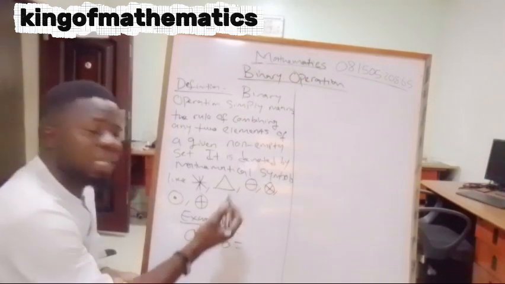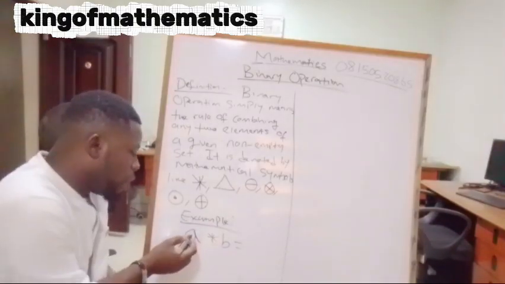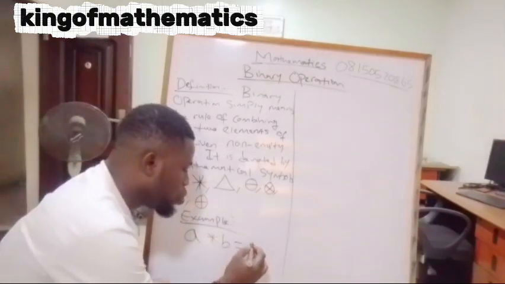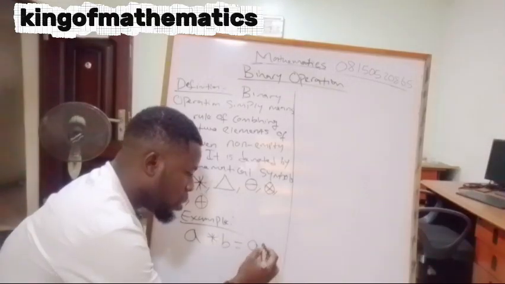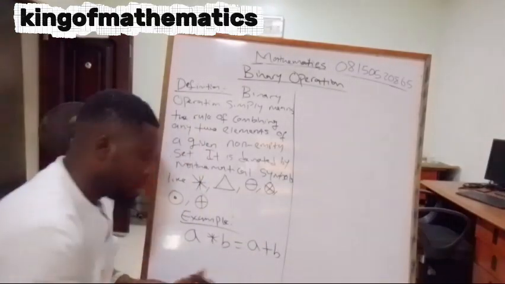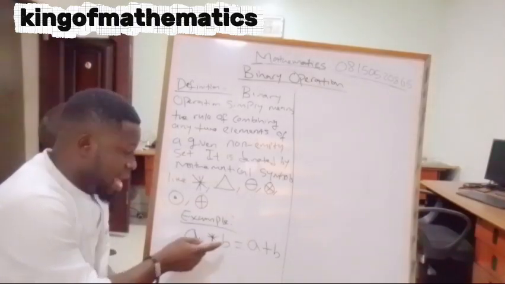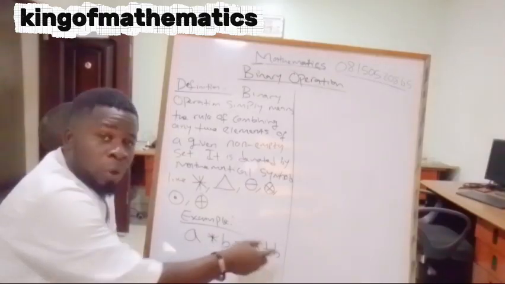I can give it a particular mathematical rule that anytime you are operating a on b, what you should do is a plus b. That is, anytime you have a to be an entity and b to be an entity, you want to operate it, then you say a plus b.